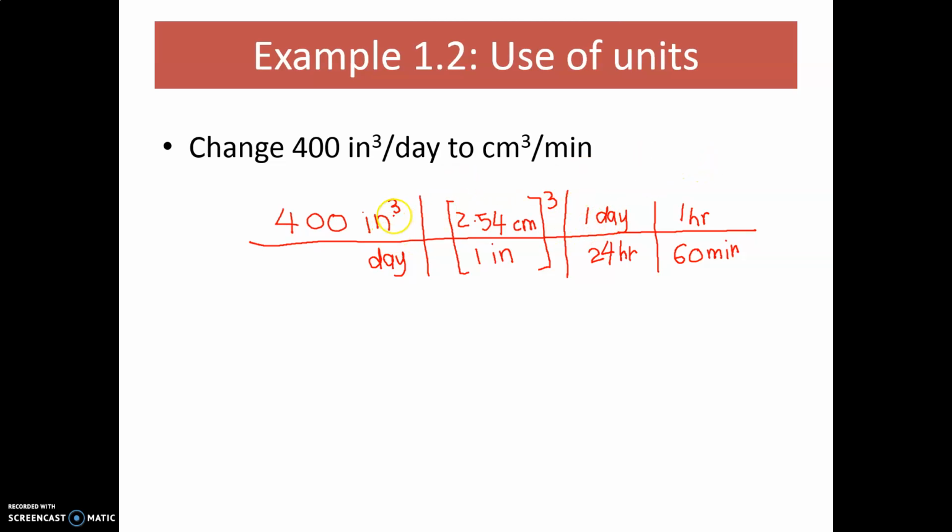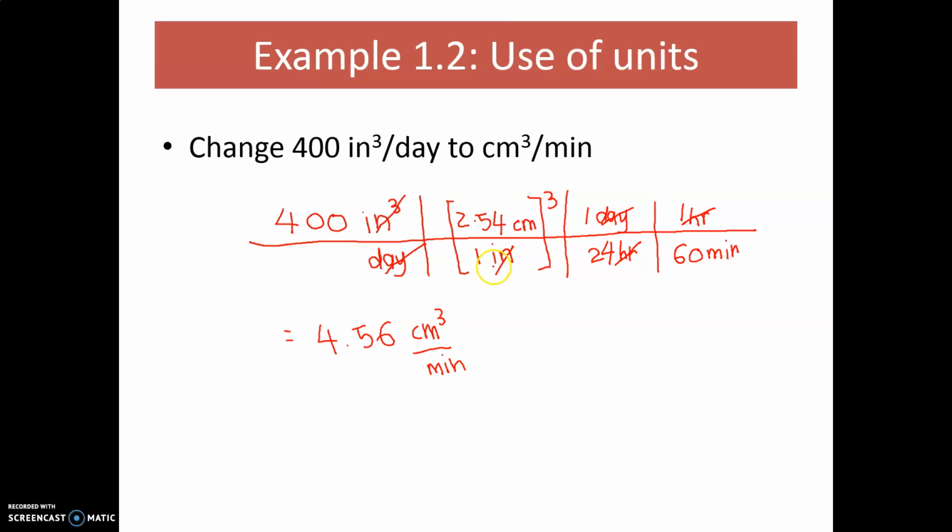So at the end we are going to cancel inch power of 3 here, and then day, hour, and for this don't forget to 2.54 need to be power of 3, so the final answer will be 4.56 centimeter cubic per minute. So this will be the final answer.